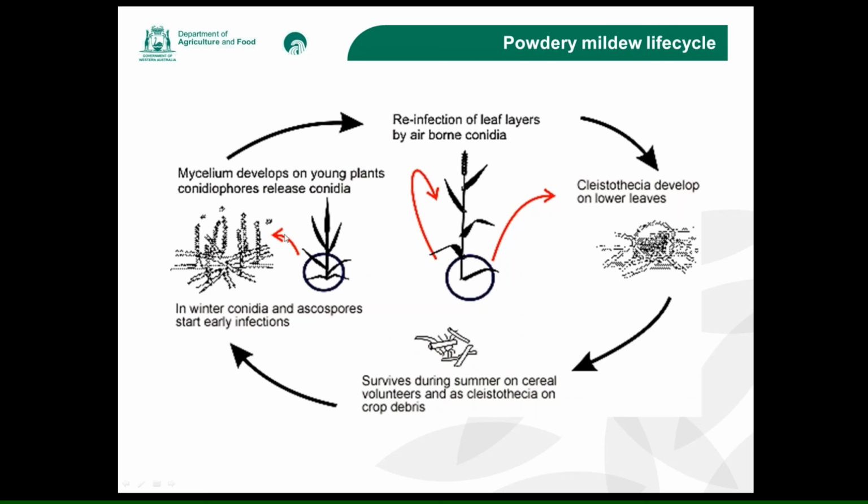Those cleistothecia produce ascospores which infect any green material available, develop mycelium on the young plant, release those little footballs we were talking about, and then we get the infection cycle occurring within the crop canopy and then between crops. Then towards the end of the year, obviously, we get the cleistothecia being formed on the old leaf material and trash, and so the process continues.